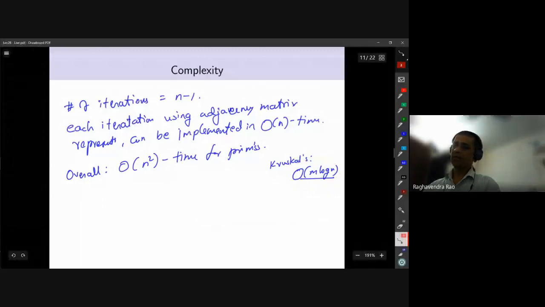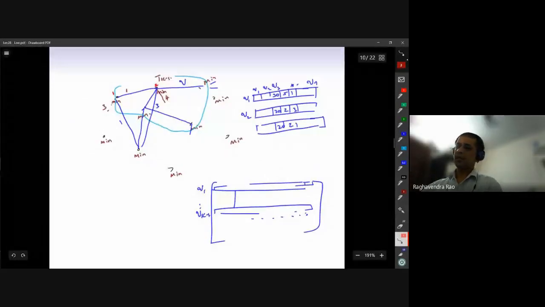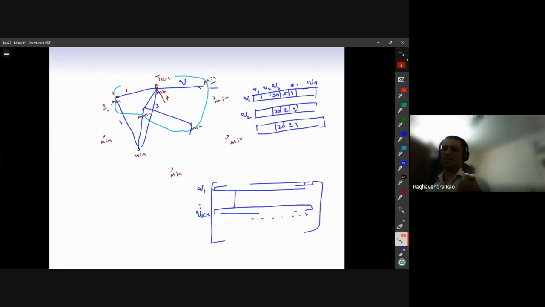See, the only non-trivial part here was this comparison, computing the minimum. So we needed order of n operations, not just computing the minimum, but also updating it further. We'll see that using the heap data structure, we can implement what is known as priority queues.